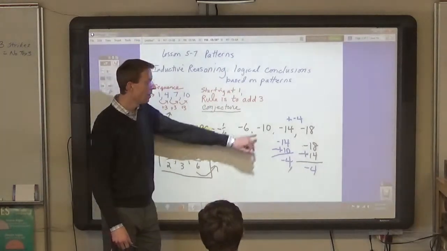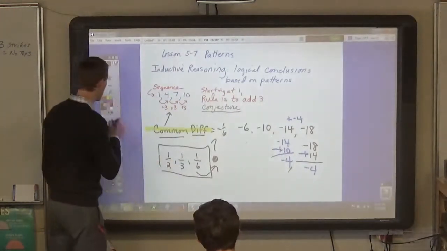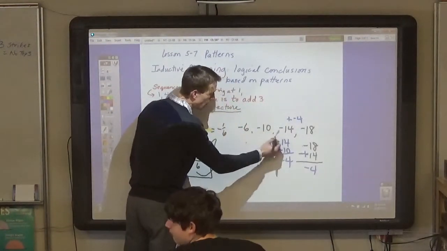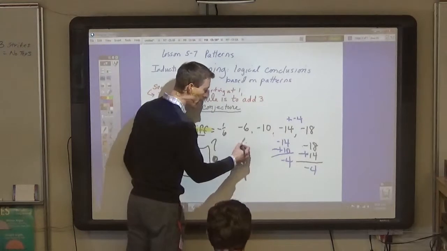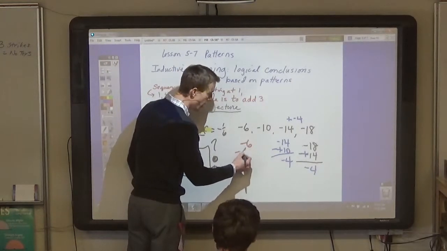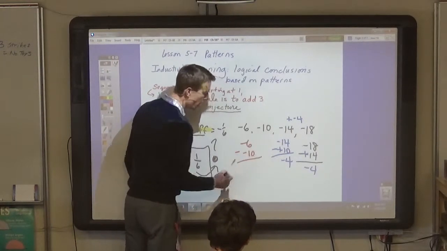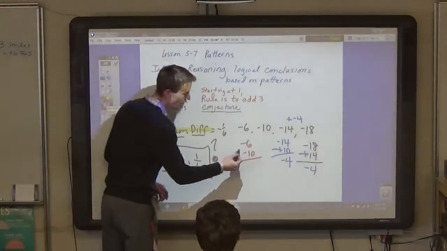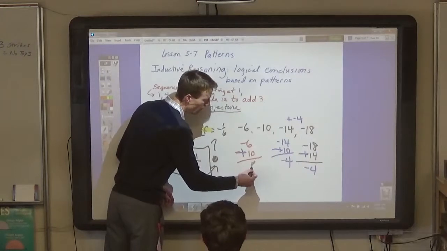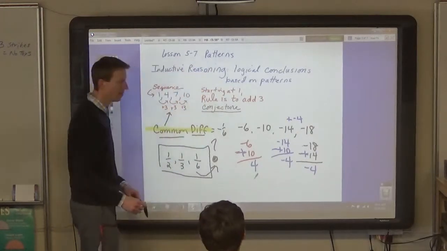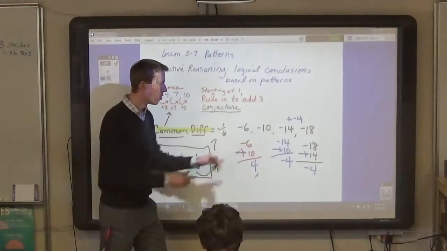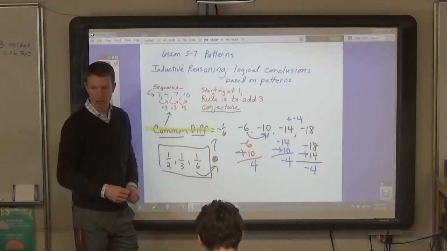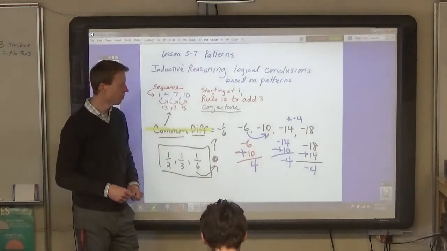Now, you could do this the other way as well. You could go this way, negative 6 minus negative 10, and what do you get? 4.